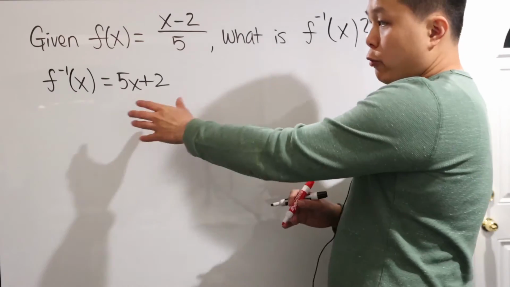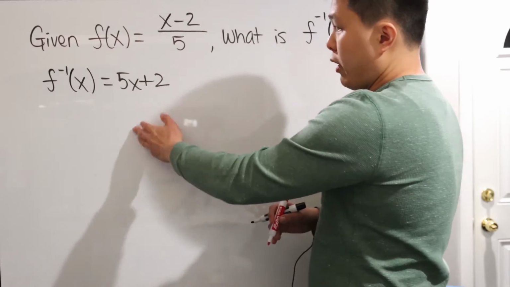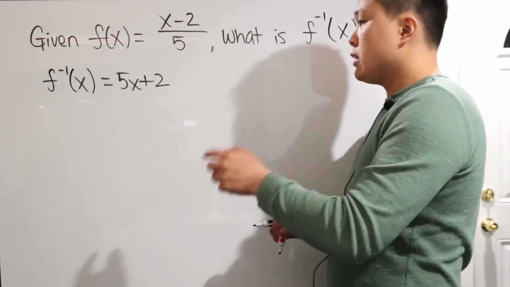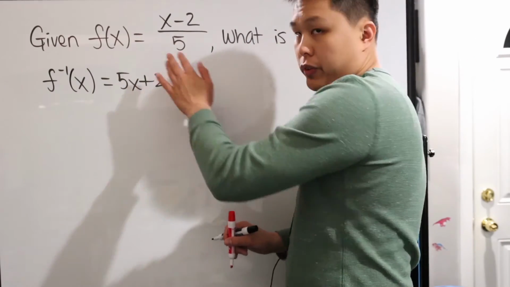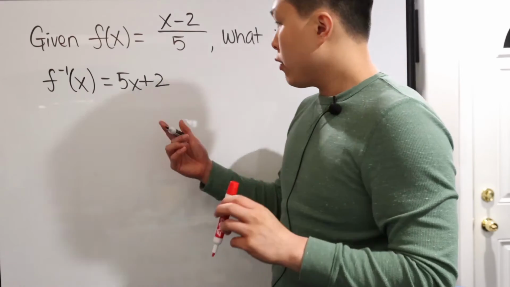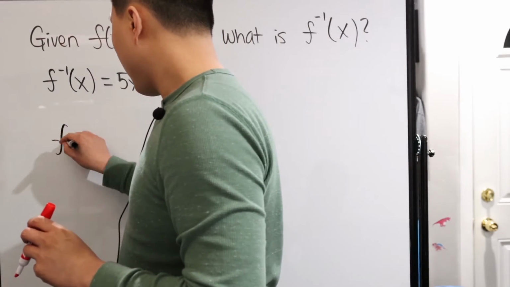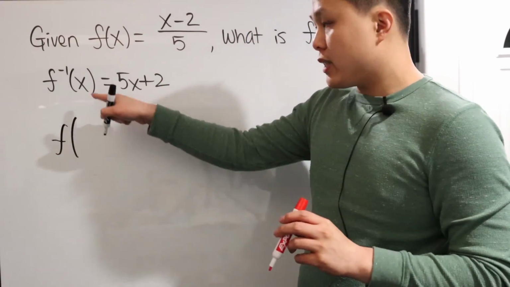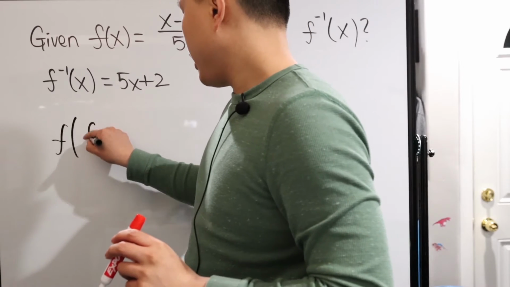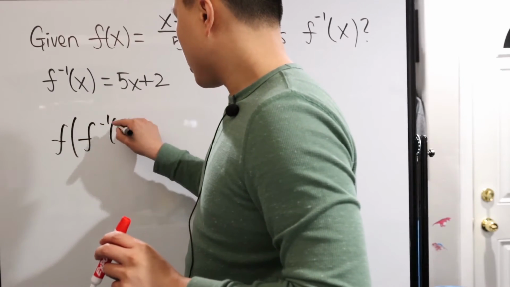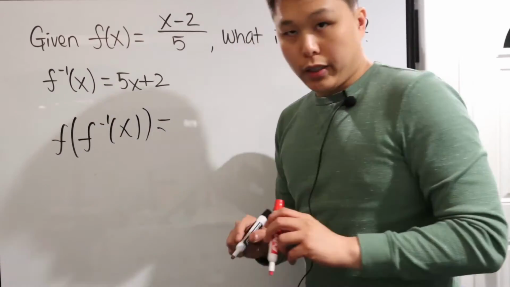All right, so I rewrote the inverse function right here, and we're going to test to see if this is actually an inverse function of this. Now, once again, there's two ways. The first one is for f of x. Instead of x, I'm going to put the entire inverse function in there. So it's going to be f of the inverse function of x, like that, right?